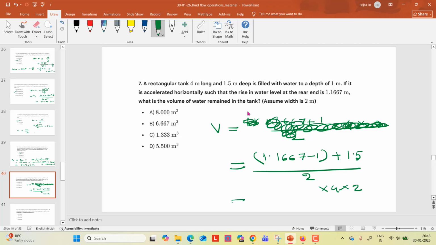It is coming as 6.667 meter cube. So it is option B.